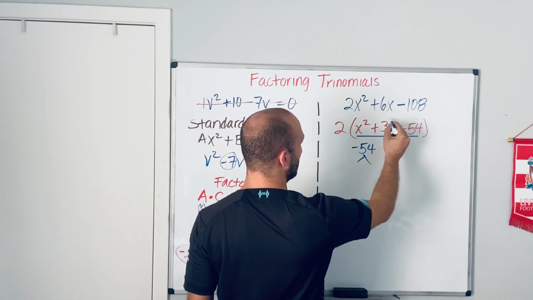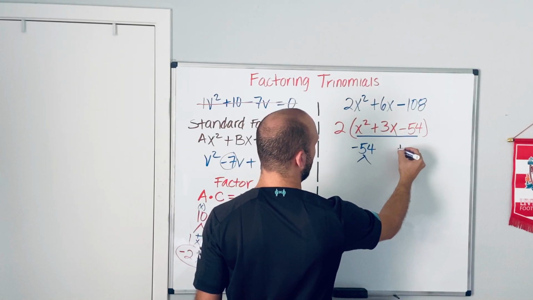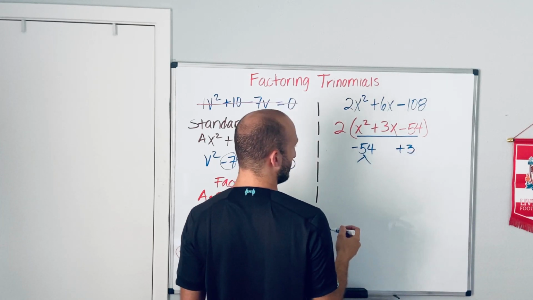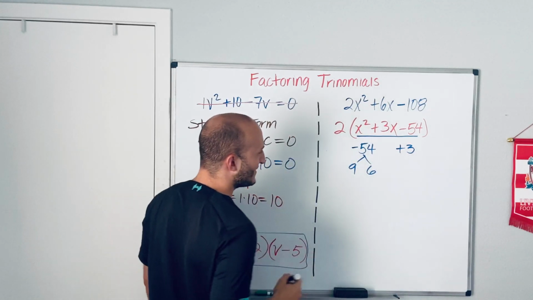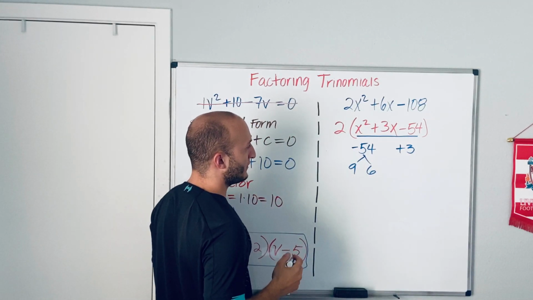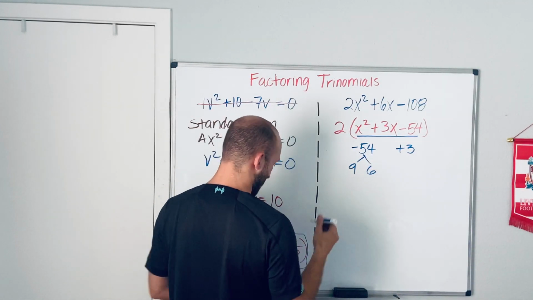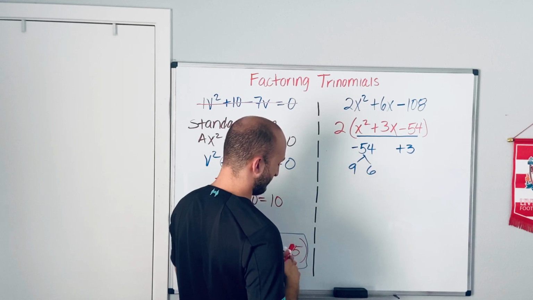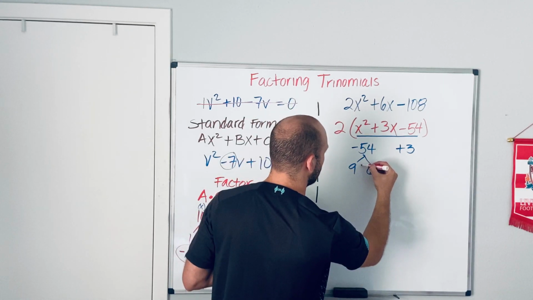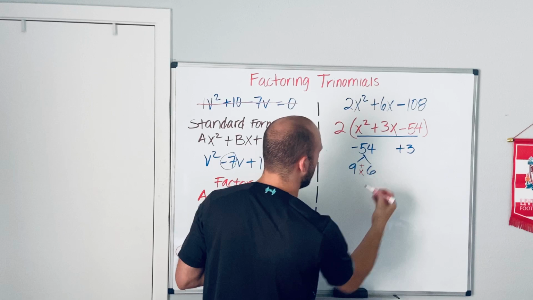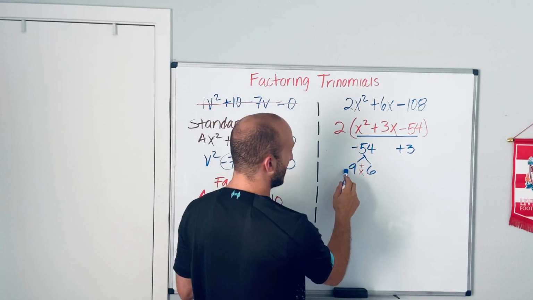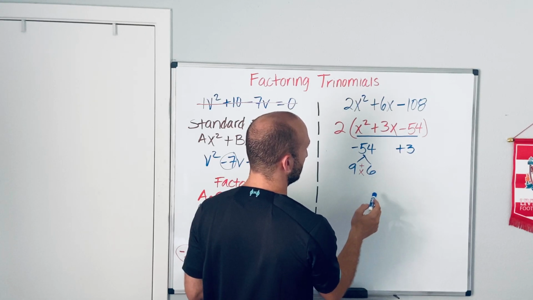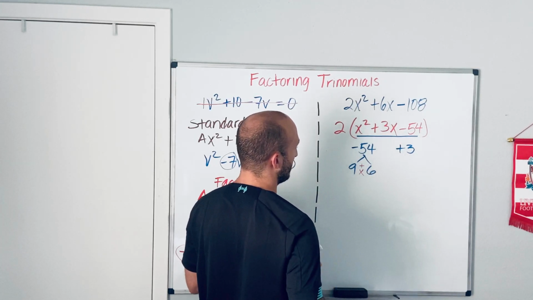and it's supposed to add up to give me a +3. So by the looks of it, looks like 9 and 6 will work here. Remember, I have a plus and a multiplication sign inside there. 9 plus 6 does not give me 3.